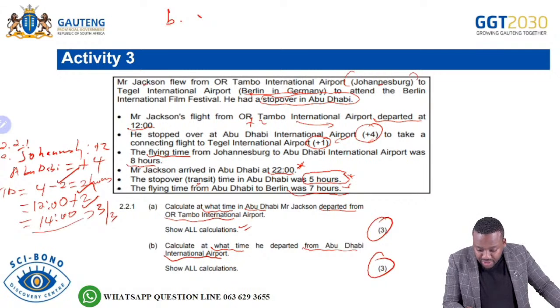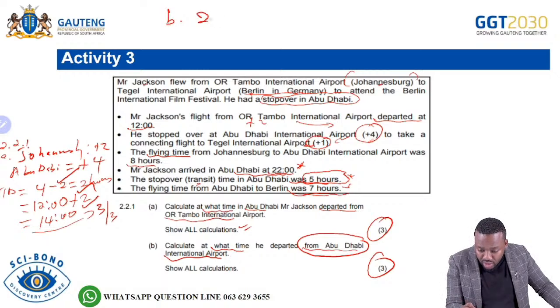Mr. Jackson arrived in Abu Dhabi at 2200. The stopover time was this time. The flying time was this. Calculate at what time he departed from Abu Dhabi to where he is going.